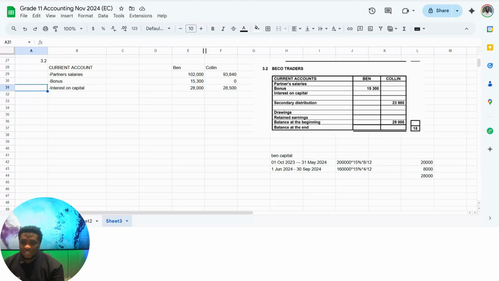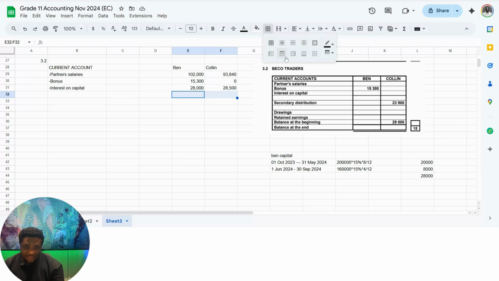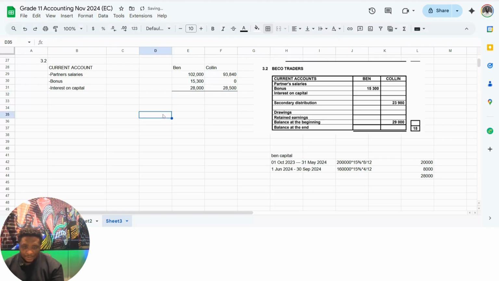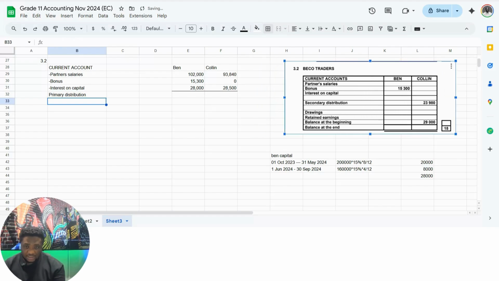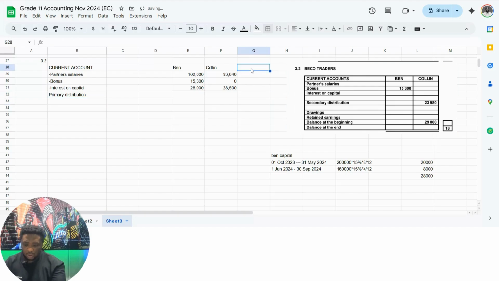Now that we've considered all these things, the next very important line item that we need to look at is that this then represents the primary distribution of profit. So this is the primary distribution. Okay, cool. Now, the other thing I'm going to do here is that I'm just going to add a total column.